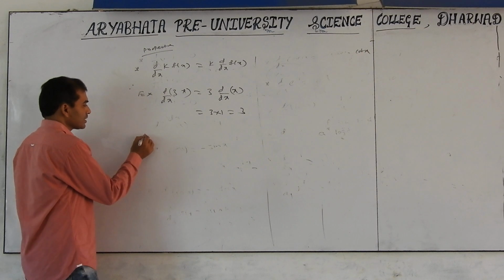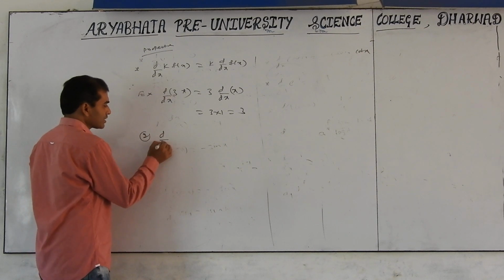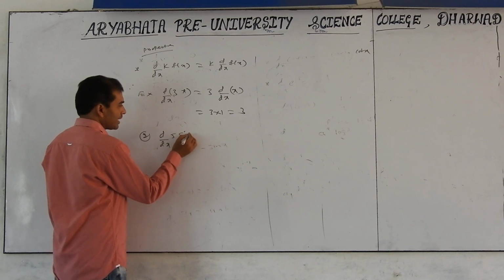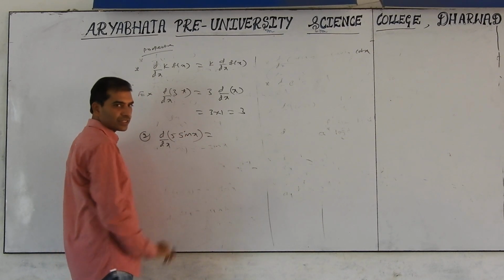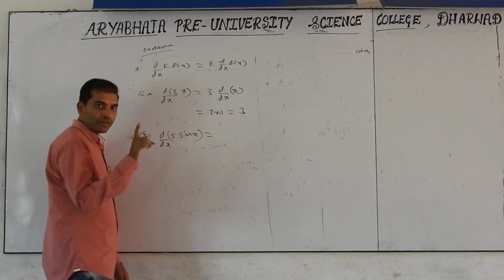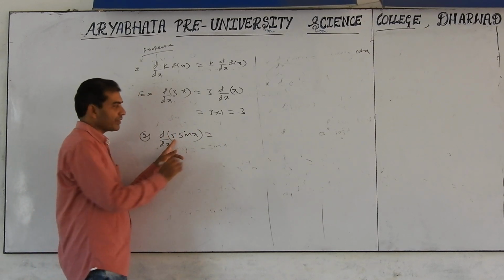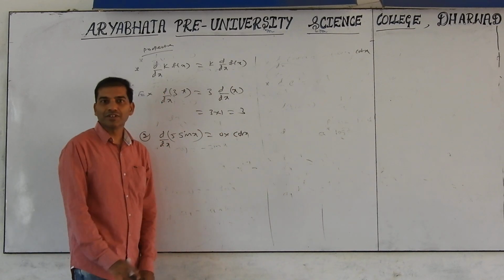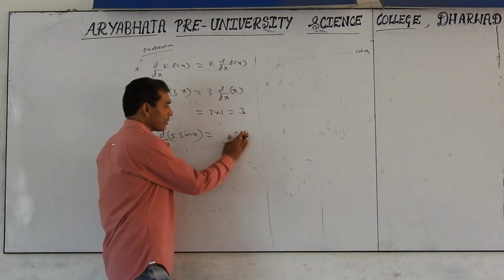Okay. Next, the second one, d by dx of 5 into sin x. Take 5 out. What will some students do? They say 5 is a constant, its derivative is 0, sin x derivative is cos x, and 0 into cos x is 0. Not like that. Use the properties.